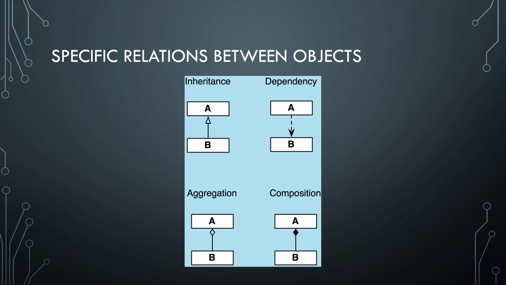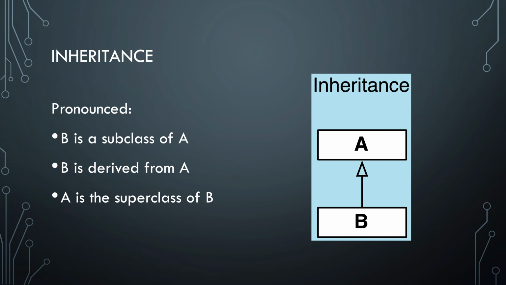UML knows 4 different kinds of relations between objects: inheritance, dependency, aggregation, and composition. Inheritance refers to the class inheritance mechanism.